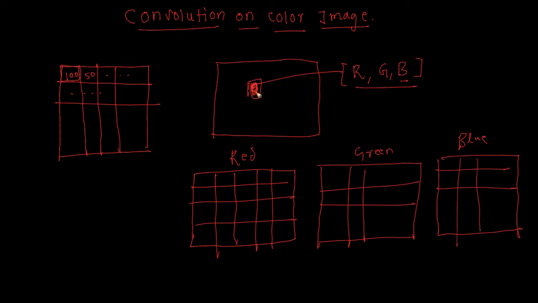So that means this colored image can be thought of as the combination of three images: red, green, and blue. If I combine these three components of this color image, I'll get a tensor like this, or I'll get a 3D image.